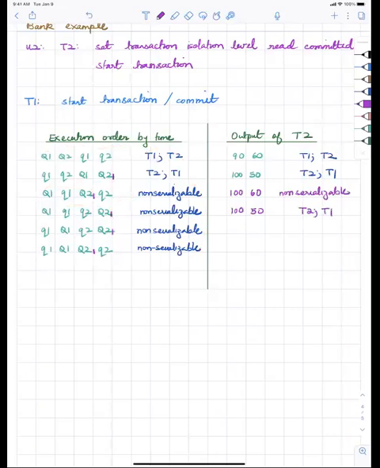The next one is again 100 and it's 50, so it's again T2 followed by T1. And then the last one is again 100, and now Q2 happens after the commit, so it's going to be 60. So it's non-serializable.